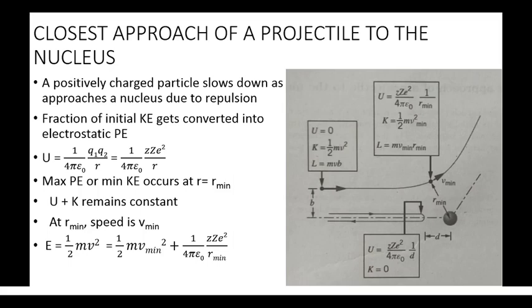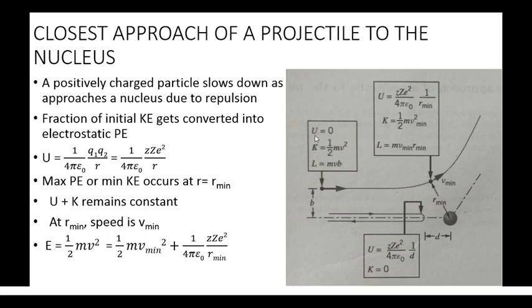And from this we can also calculate the closest approach of the projectile to a nucleus. They assumed this to be a positively charged nucleus, and the positively charged alpha particle is coming. It is coming with a kinetic energy, isn't it? So is there any potential energy?